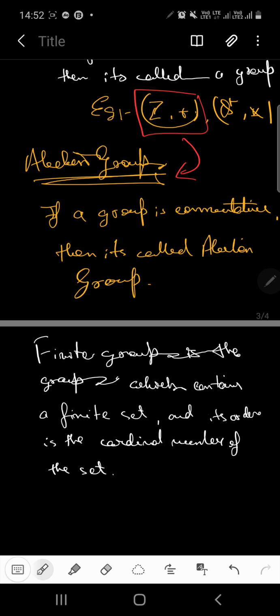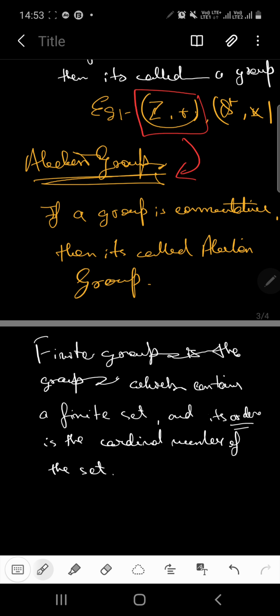Therefore, an infinite group is a group which contains an infinite set. The order of an infinite group is infinite. Got my point? Okay, pretty clear, right?